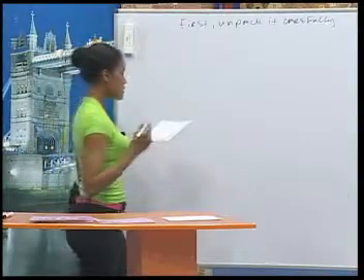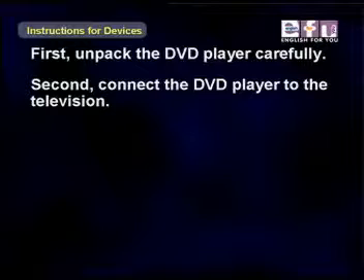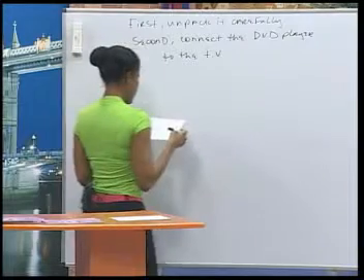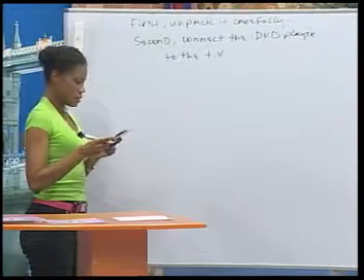Sylvia, can you make a sentence for the next instruction? Yes. Second, connect the DVD player to the television. Okay, good. Good idea. Okay, is this helping you, Linda? Yes, very much. Can we do the next instruction?